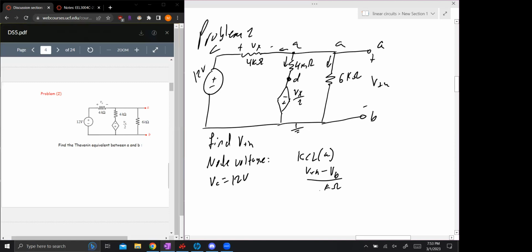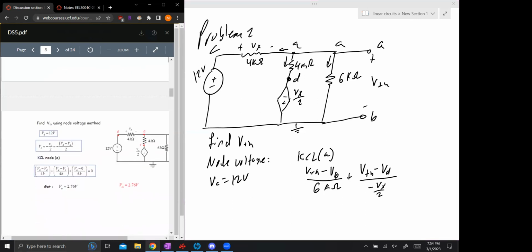That's a 6. Plus V Thevenin minus VD over, would I say, negative Vx over 2 since it's the negative side of that equation? That's the one I'm kind of stuck on.